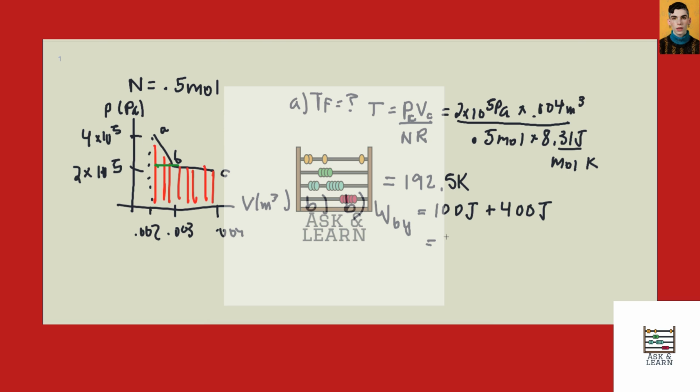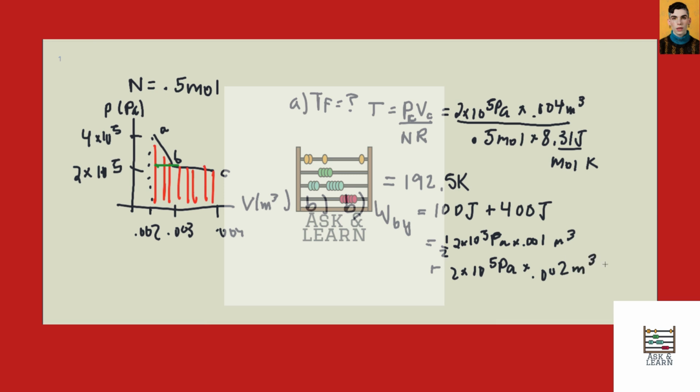The 100 joules came from 1/2 times 2 times 10 to the 5 pascals, and then the width is 0.001. And then the rectangle is 2 times 10 to the 5 pascals times 0.002 meter cubed.